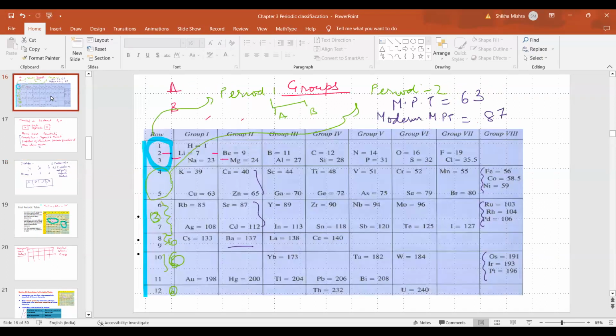Now, okay. Can you look at this? I think this periodic table is large enough for you to find out where the increasing order law is not followed. Can you find any position in which the element with higher atomic mass is placed earlier?